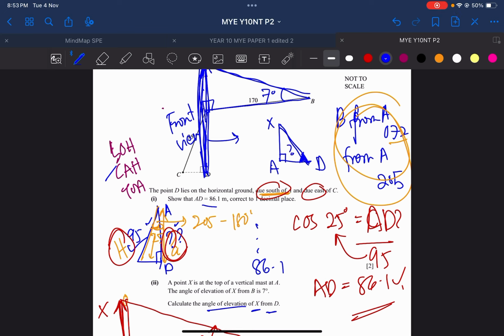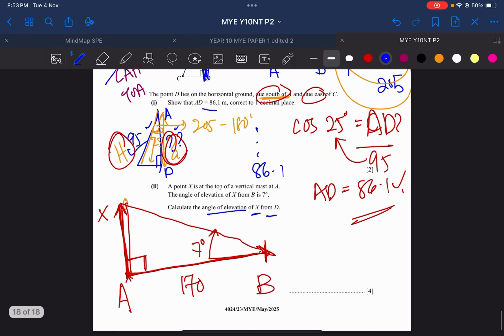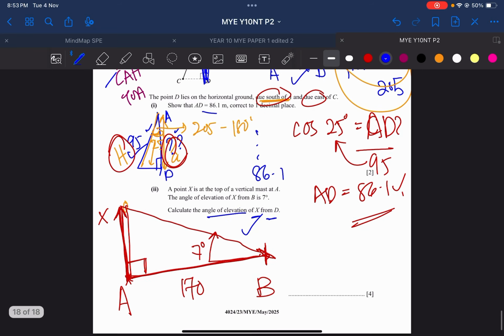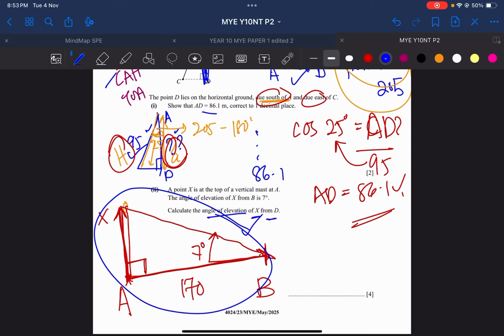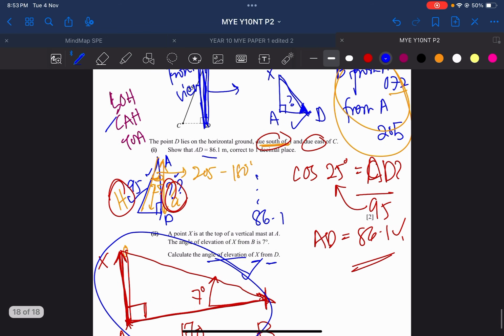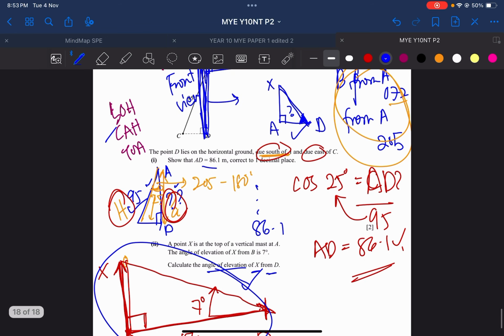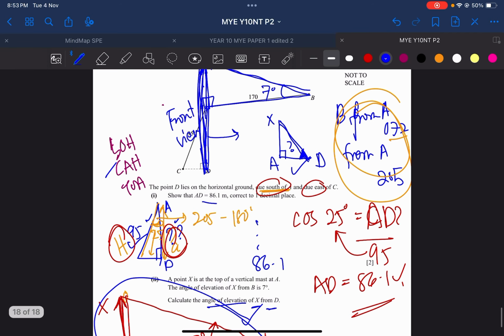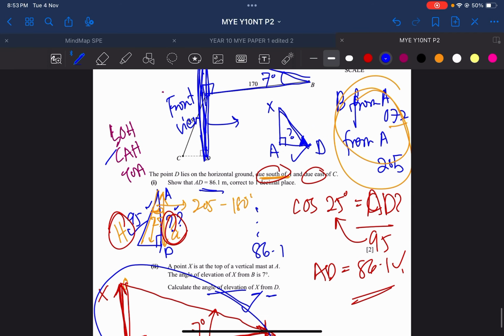So, what do we know? Kenapa ia bagi yang merah lepas tu ia tanya yang biru? Mesti ada relation kan ni? So we're going to have to use the merah untuk somehow relate to yang biru. So what do I know arah AD? Do I know AD? Tahu tadi, 86.1. That's all I know, which is like not enough information at all. So what do I need?